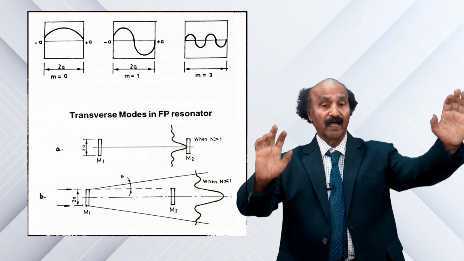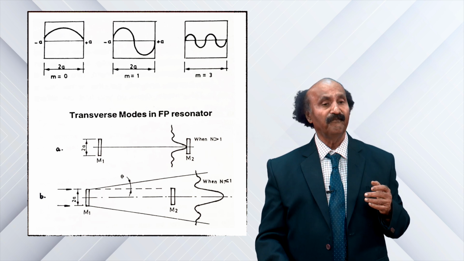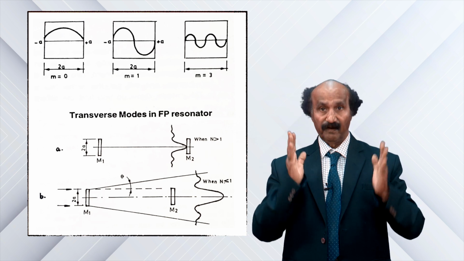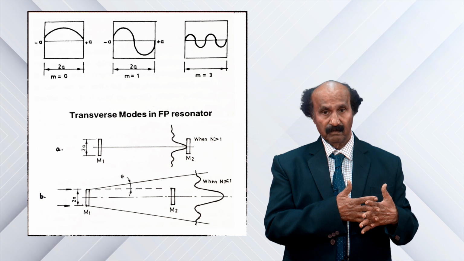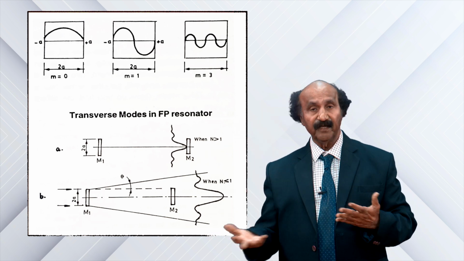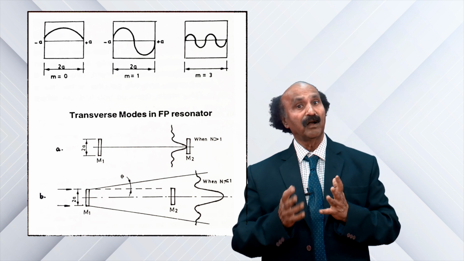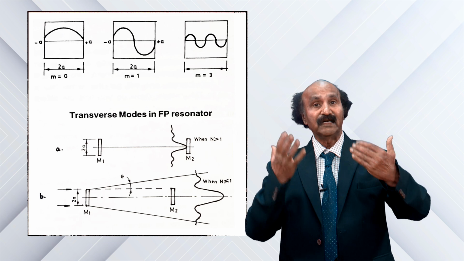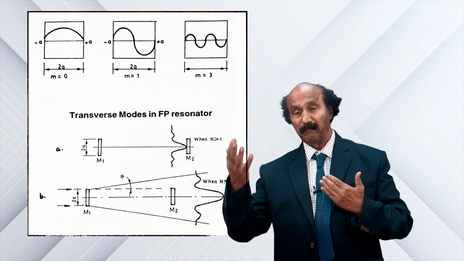Now, whatever model they have been able to give has been realized very often in most of the real lasers. That means what you predict is realized in reality. This kind of model is working, or the theoretical expectation and experimental measurement both tally together.